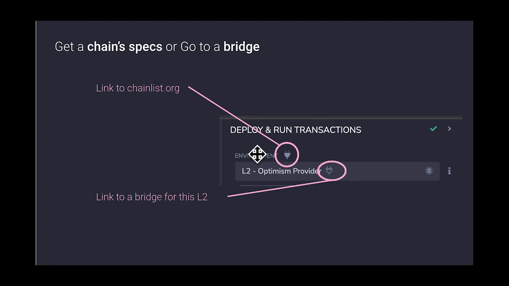To get a link to an L2 bridge for the particular L2, go to this link over here when you've selected L2 Optimism or L2 Arbitrum in the environments pull down of deploy and run.